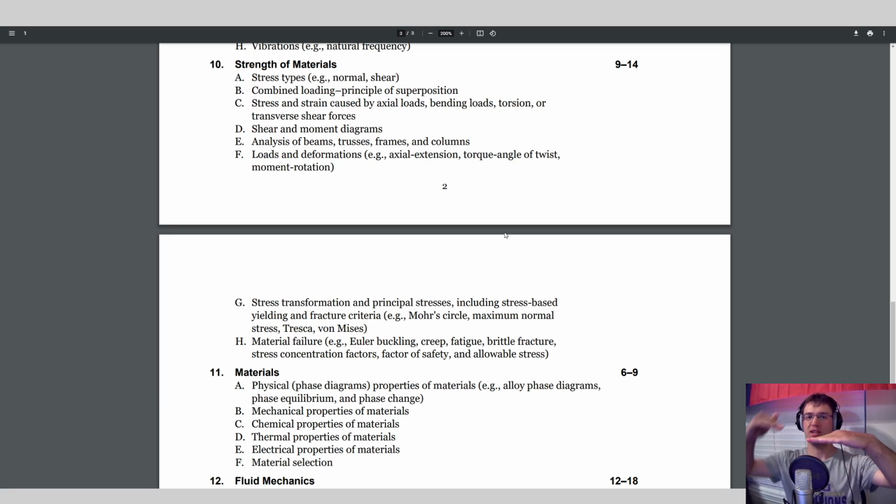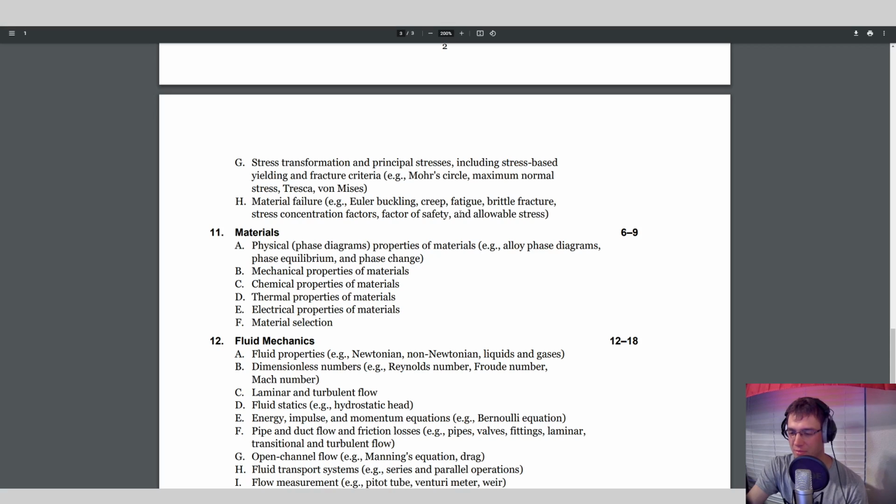But with creep, I'm going to have this constant load on this one spot over time, and over time the material strength is going to weaken, and it will creep its way into failure. And there's a way to measure that, which is interesting. And then safety factors, allowable stresses.